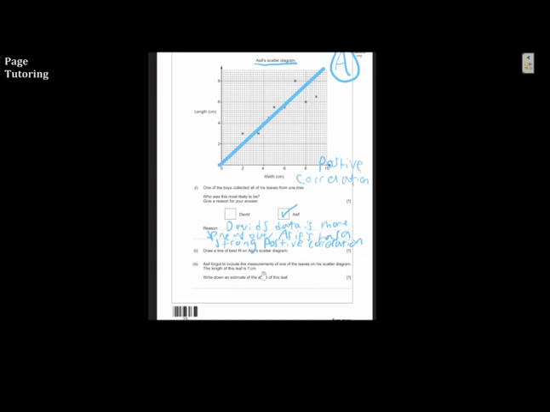The length of this leaf is 7 centimeters. Write down an estimate of the width.